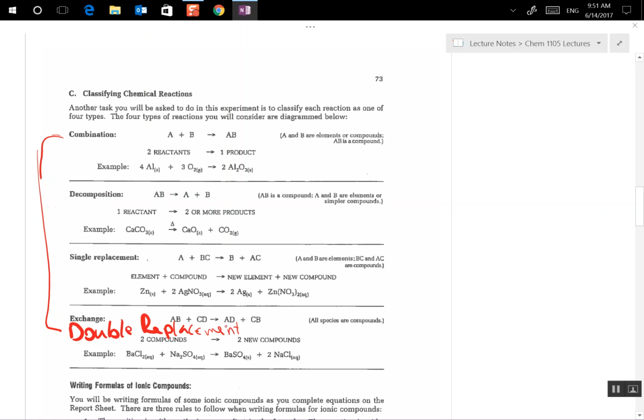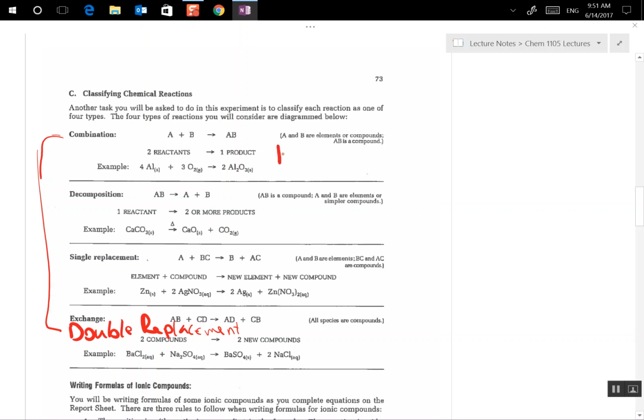A combination reaction is very straightforward: A plus B will form AB. You put them together, you have combined those things, and they have formed that new product AB.